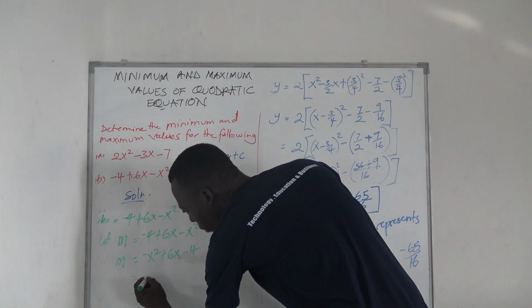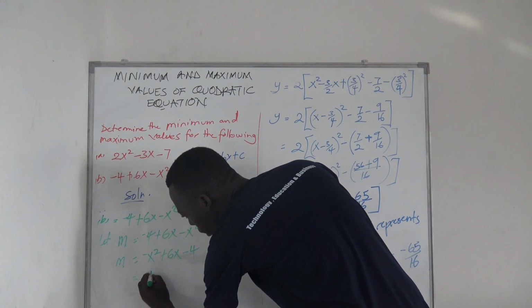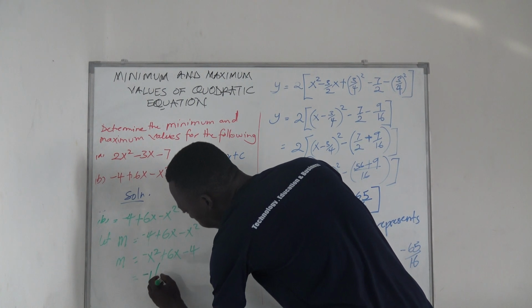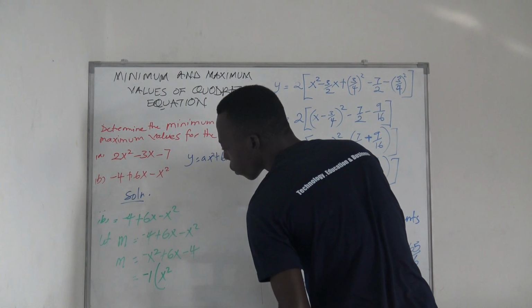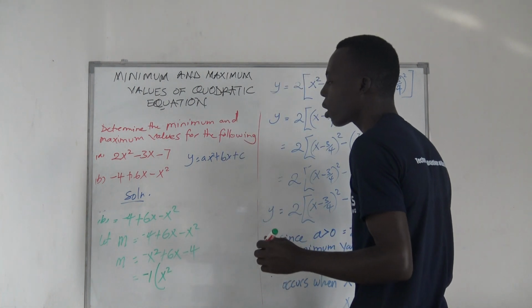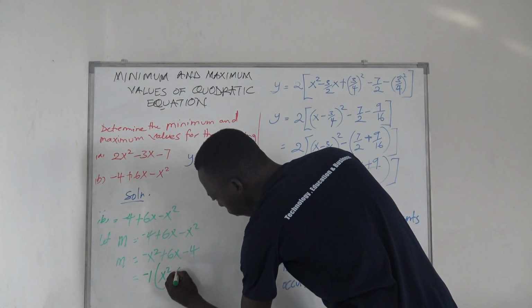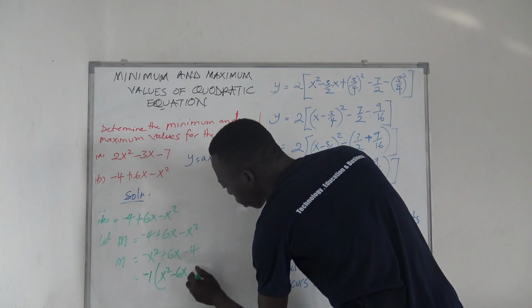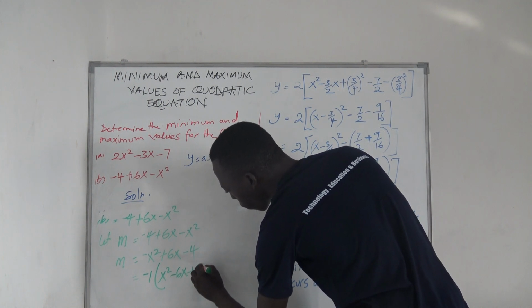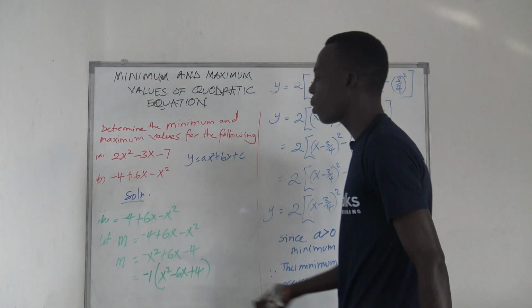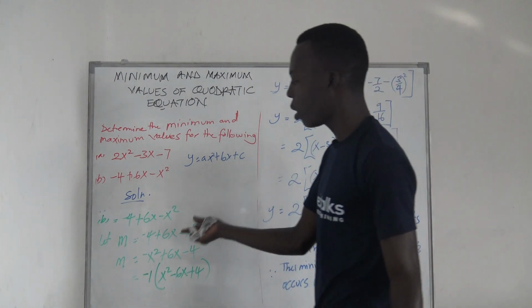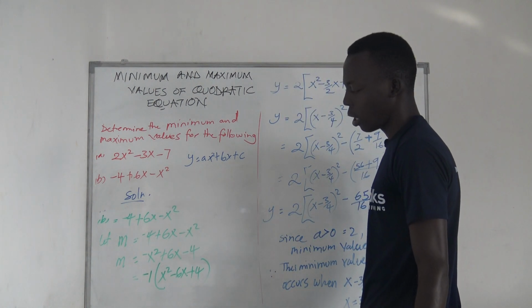So here it becomes negative 1, and we remain with x squared. When you factorize out a negative, it remains minus 6x. Then here it becomes a plus 4. When you multiply this one inside, you get exactly what we have there.